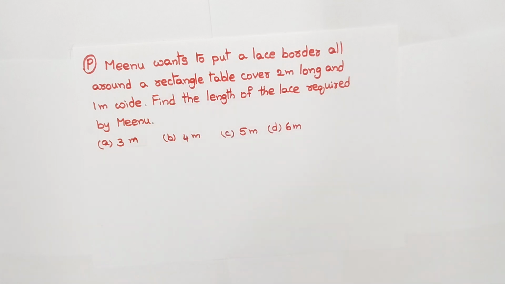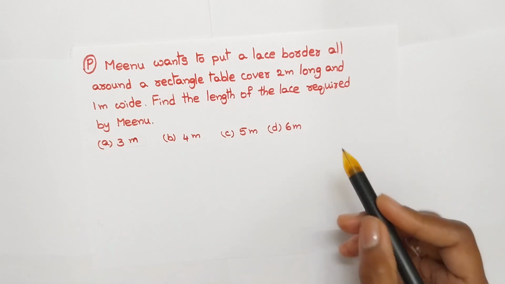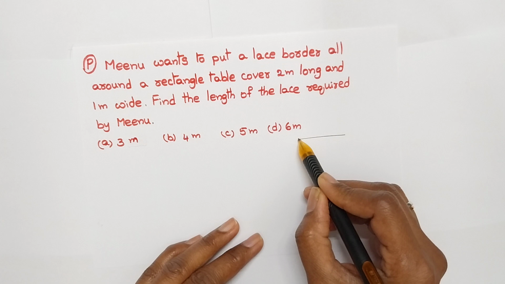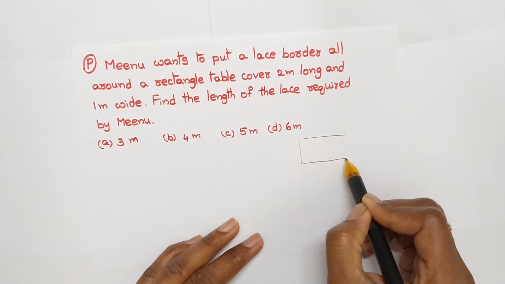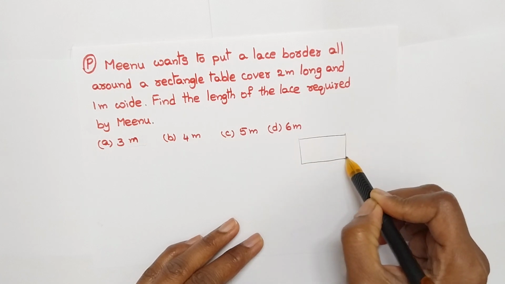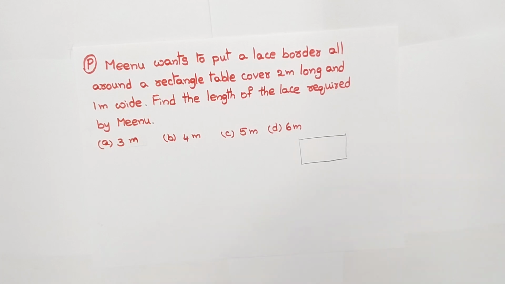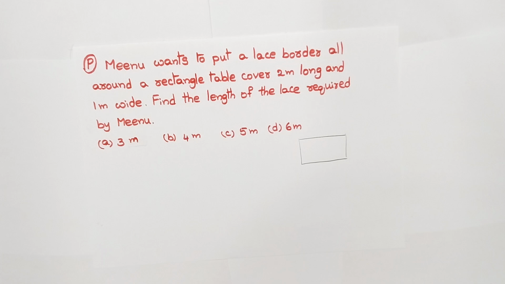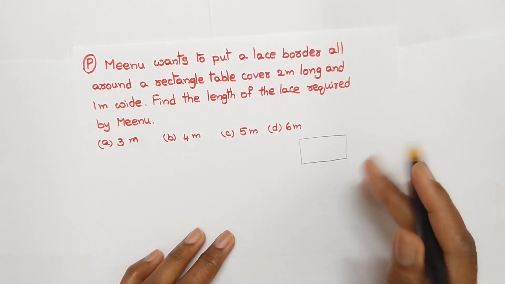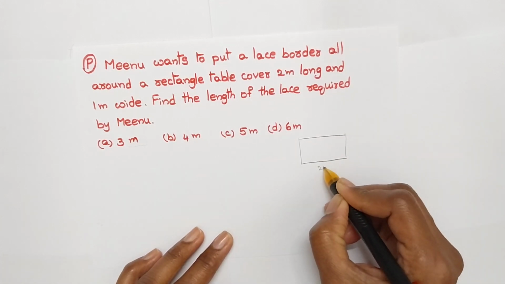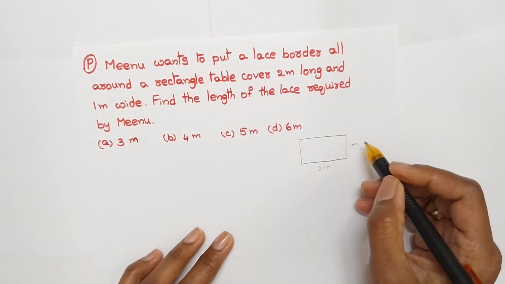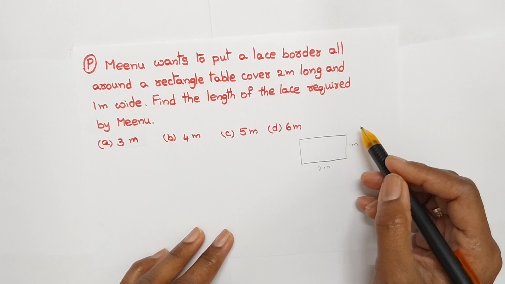First, we draw a rough diagram as rectangle table cover, and the values: the table cover is 2 meters long and 1 meter wide. Now what does Meenu want?